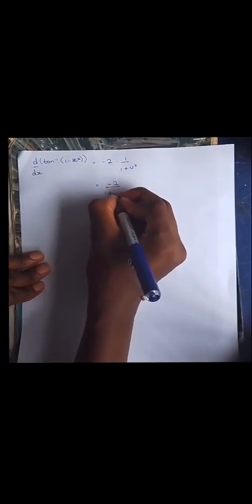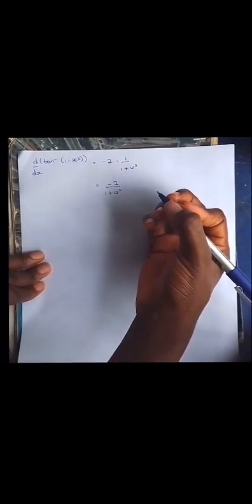Minus 2 times 1 is minus 2, going to be minus 2 all over 1 plus u squared.